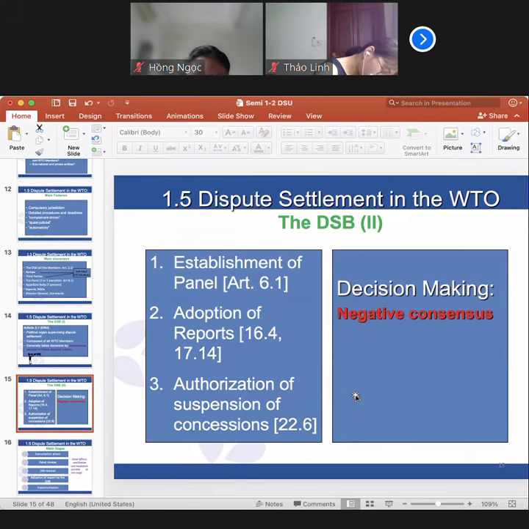Now here, in order to understand what exactly negative consensus means and how it is going to be organized, I need you to prepare Article 6.1 of the dispute settlement understanding. Let me share the screen right here.